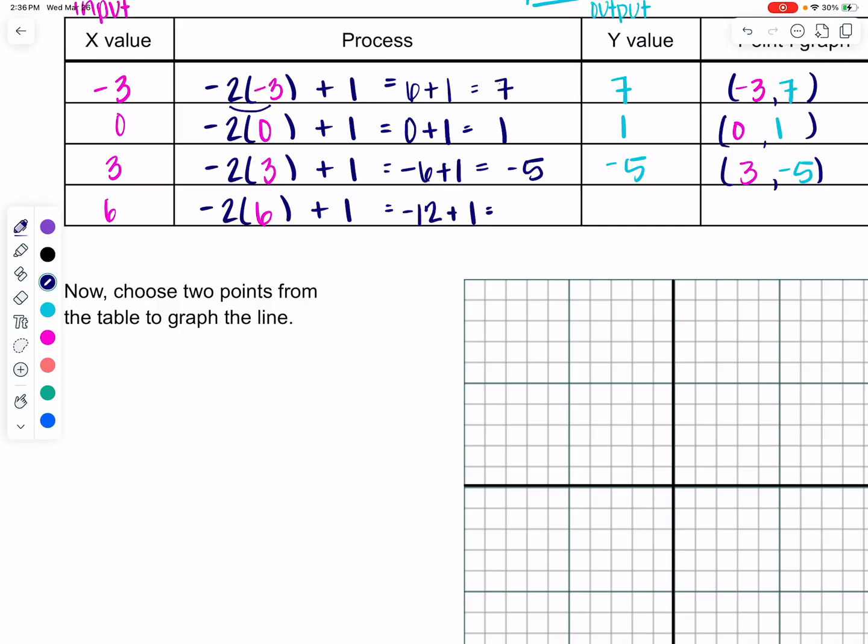So if you are a person who likes to use the calculator on your phone, I'm going to highly recommend that you get used to using Desmos because that's what's allowed on our campus in our department. Our last point is 6. I'm going to be consistent with my colors.